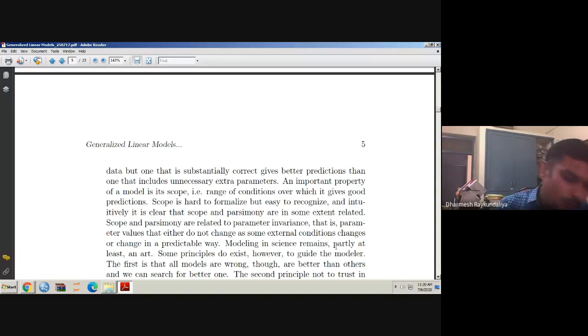Everybody wishes to be a straight modeler, but modeling is not easy. Modeling in science remains partly, at least, an art. So when you become a modeler, you have to have your scientific wisdom as well as your intuition and your experience.